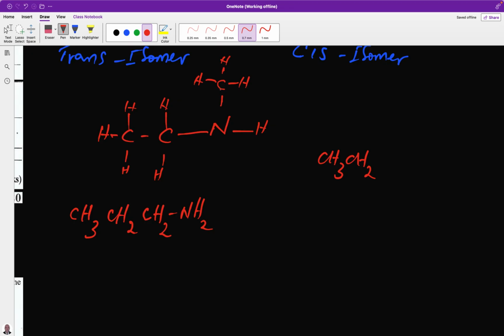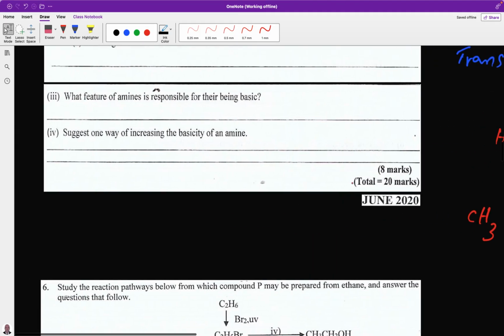Since there is a methyl group here, we can say bracket CH3, NH. So now the name of our formula will be equal to what?